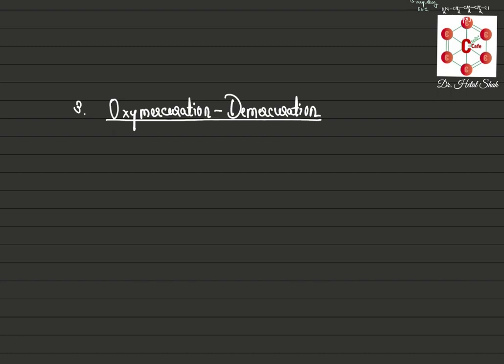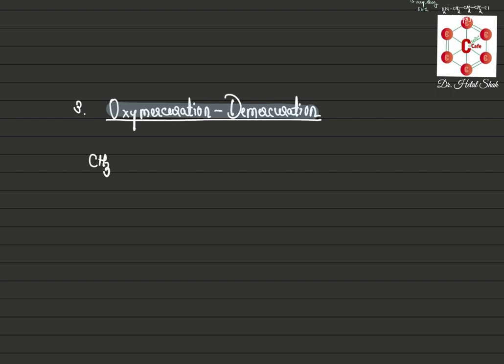Oxymercuration and demercuration. So let us understand what this oxymercuration and demercuration is. This is extra and not given in our textbook, but we just need to understand how the reaction goes.